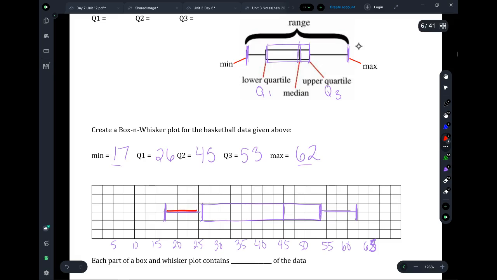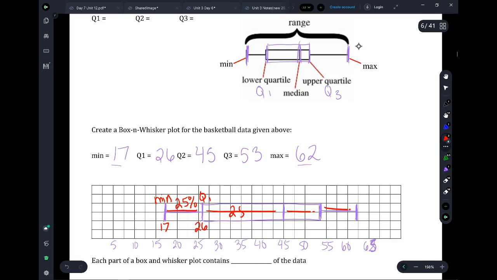It's kind of breaking it up into 4 sections. And those 4 sections, hence the name quartiles, it's breaking up into 4 separate quartiles. 25% of the data is going to fall from the minimum, which is this point, the minimum of 17, to the Q1, which has a value of 26.